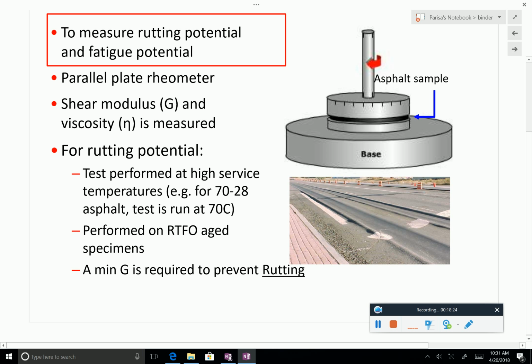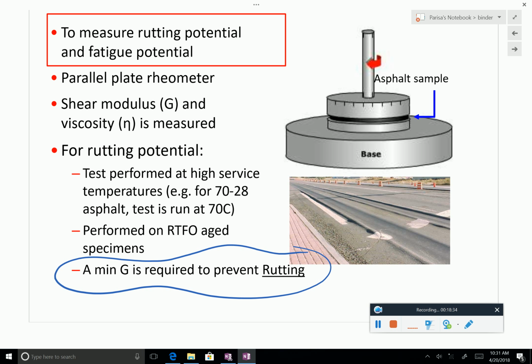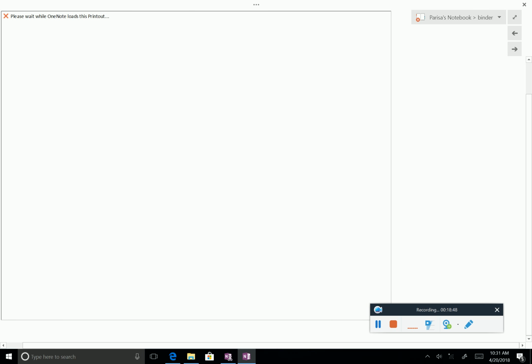This is going to help you, for example, to predict rutting. If shear modulus is very low, the material is very easy to move, and then you are going to have a lot of rutting. I don't go into a lot of details of any of that, but you should have an idea of what is going on. There are more details in the book if you are interested.